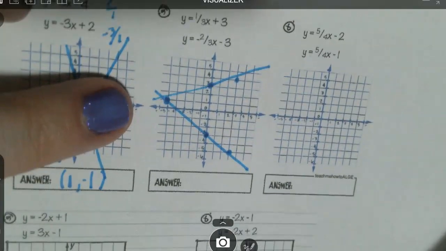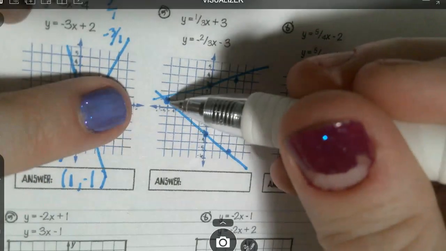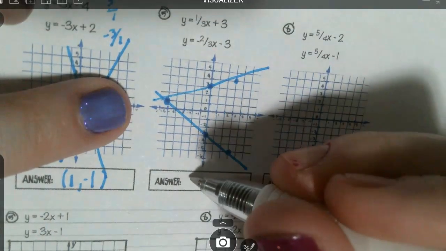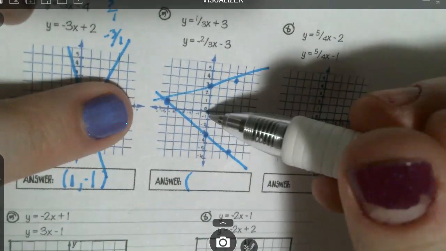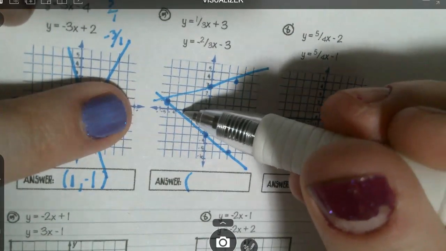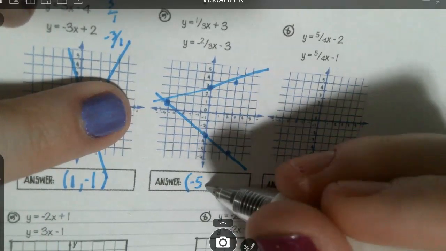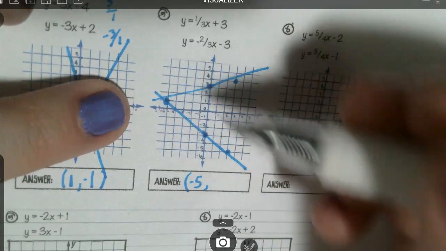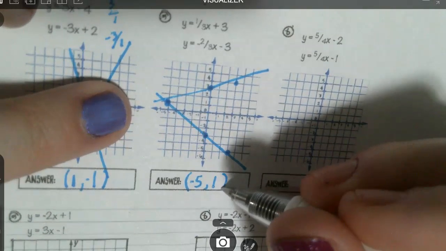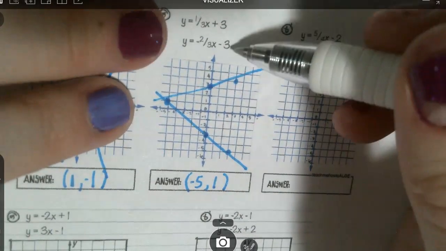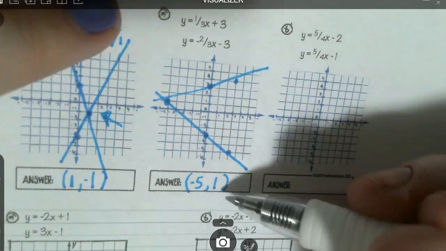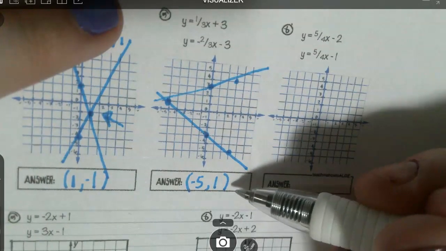Okay, so when I write my answer, I'm going to use that point as a solution. Okay, looks like that point is at -1, 2, 3, 4, 5 in the x direction and +1. So the solution for both of these at the same time is only at this point.